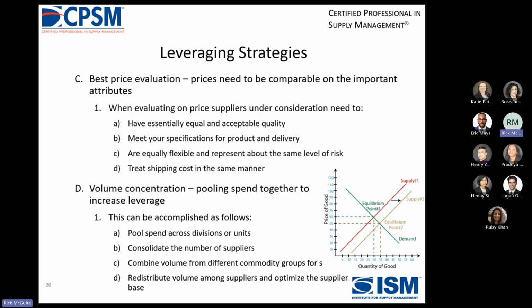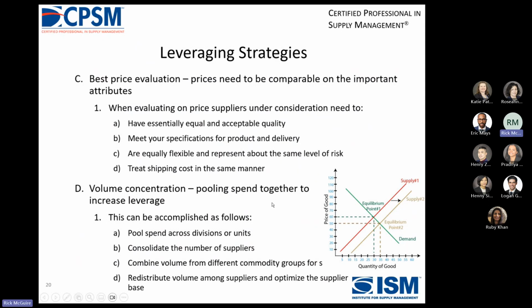So when evaluating on price, suppliers under consideration need to have essentially equal and acceptable quality, meet specs, be flexible and represent about the same level of risk, and treat shipping costs in the same manner. And a lot of times, if you really want to lock them down, you can send a spreadsheet you want them to fill out for their RFP.